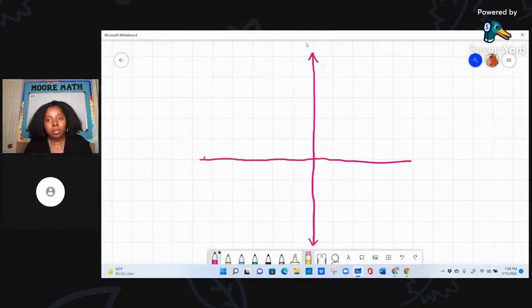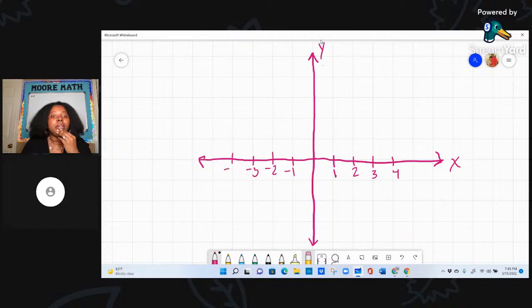So we have our X, we have our Y. Let's say we have 1, 2, 3, 4, and -1, -2, -3, -4. And let's do the Y's.